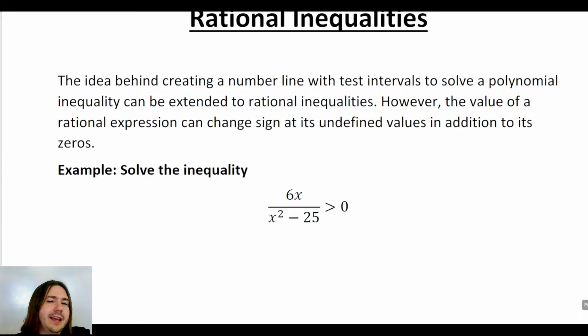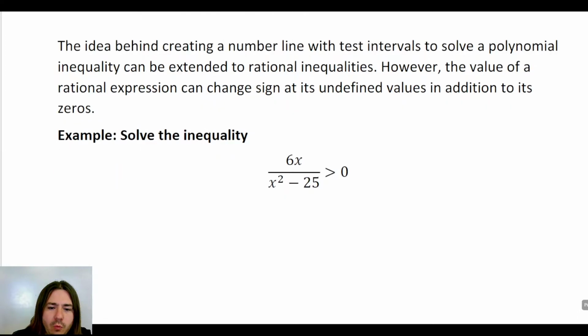But for today, we're just going to be looking at how to solve a rational inequality because the technique is almost exactly the same as solving a polynomial inequality. So like I was saying, for polynomial inequalities, the sign can only change at the x-intercepts or at the roots, which is why we find those, we put those on the number line, and then test to see whether or not the intervals are positive or negative.